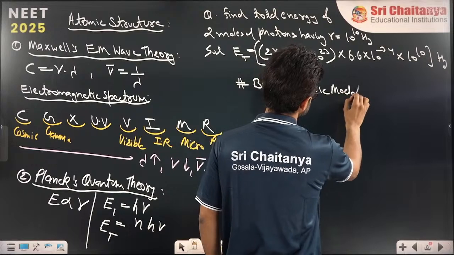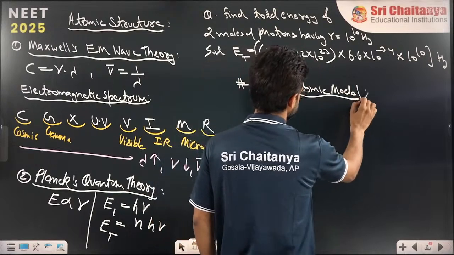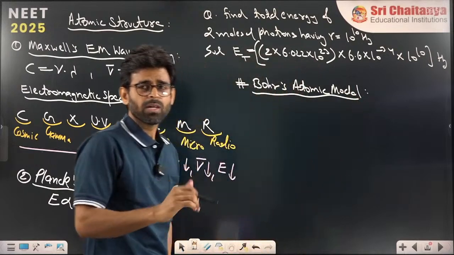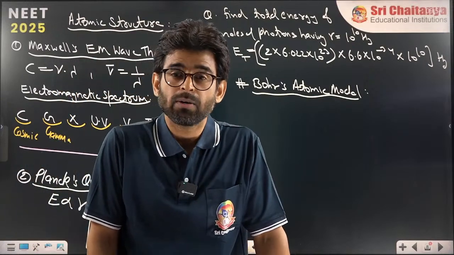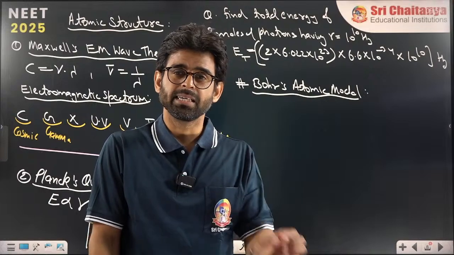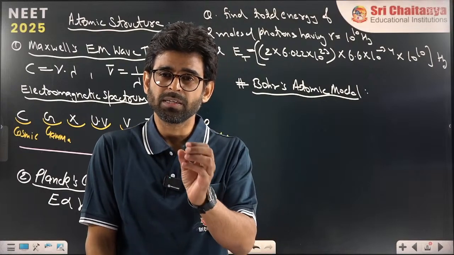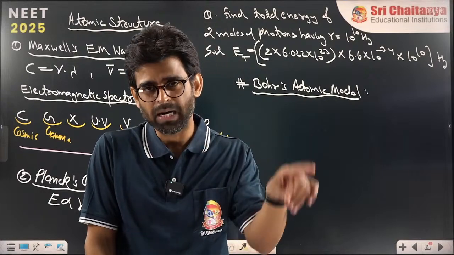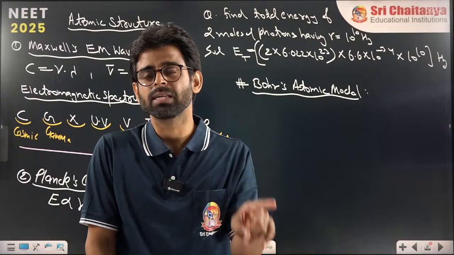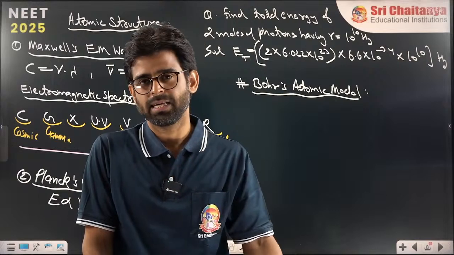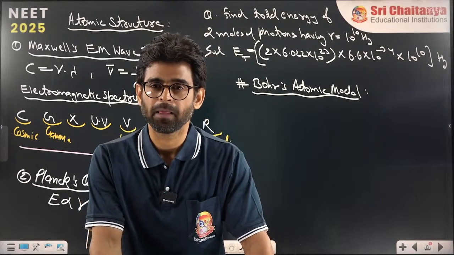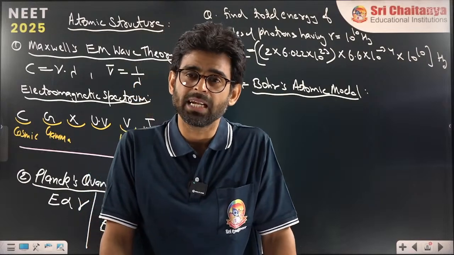So first of all, he gave some postulates. What did he say? He said electrons will revolve in some stationary paths around the nucleus, and an electron will not lose or gain any energy when it is revolving in its shell.